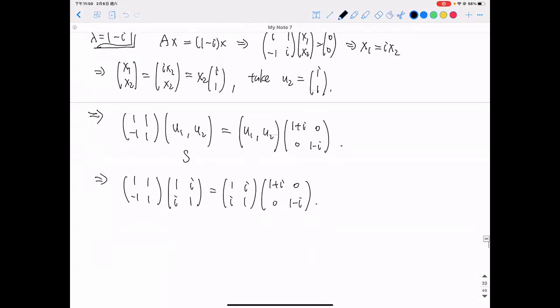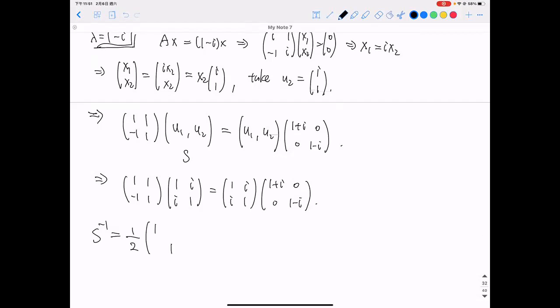So I guess to be complete, we still have to compute S inverse. Again, this is a 2 by 2 example, so S inverse is easy to compute. It's 1 over the determinant. The determinant is 2.